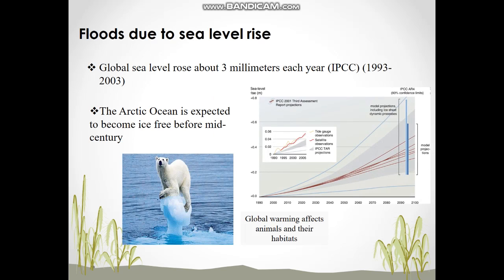The next natural disaster is flood because of sea level rise. According to IPCC, global sea level rose 3 millimeters each year in 10 years from 1993 to 2003. It is projected that the Arctic Ocean will be ice-free before mid-century, which can endanger habitats of many animals.